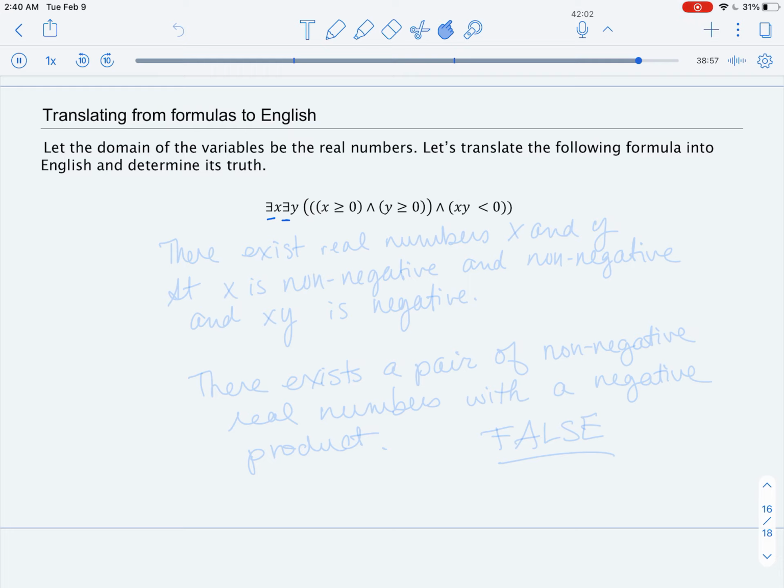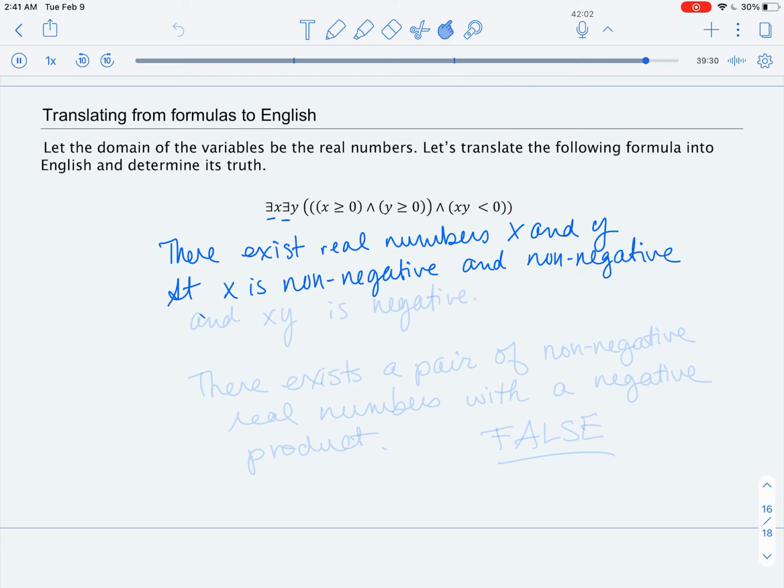So in direct translation of the first order logic, this is going to be there exist real numbers x and y such that x is non-negative and y is non-negative and x times y is negative.